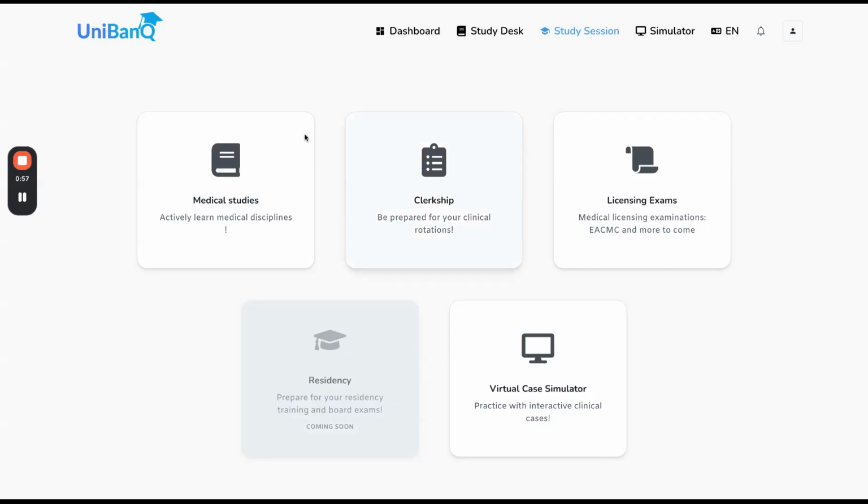So as I said, you really have subscribed to UniBanQ to different question banks. What sets apart the different question banks is the explanations that are offered. For the medical studies question bank, it's really focused on basic science, pathophysiology, and clinical pearls in terms of knowing how a pathology works.